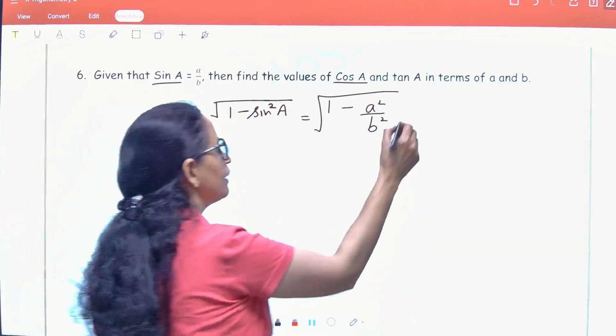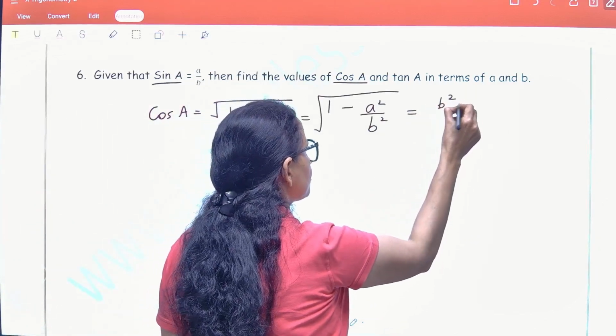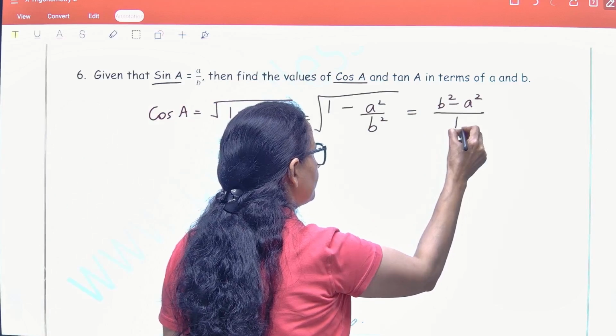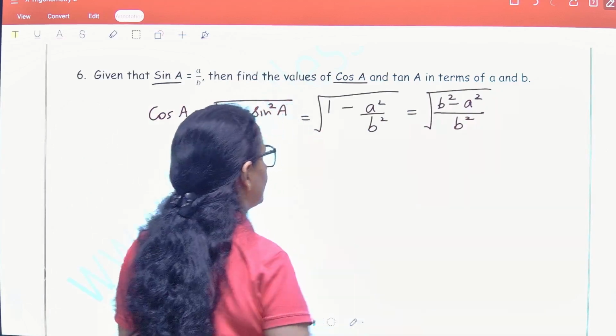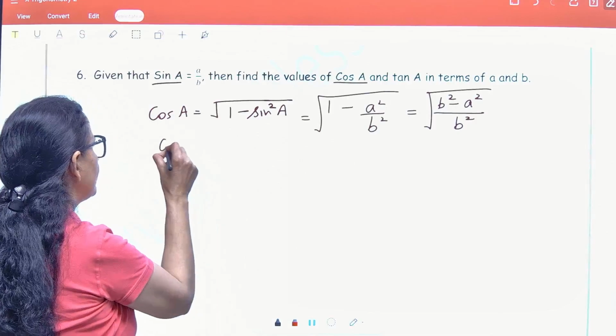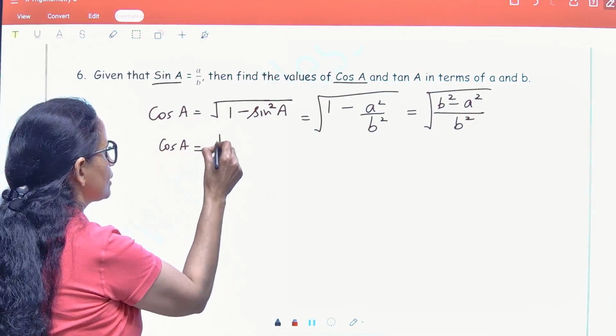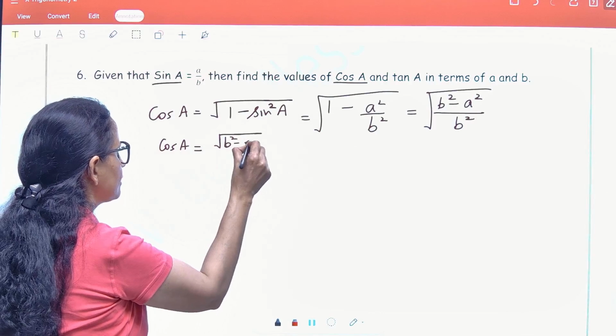So if you take the LCM, it becomes b square minus a square upon b square and square root of the entire thing.